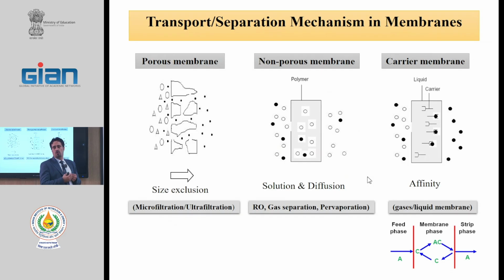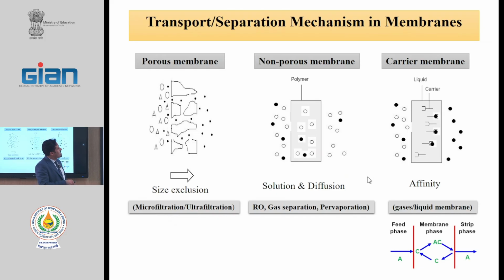For this adsorption, we need affinity and functional groups to interact with the molecules. After adsorption, in the second step, the molecules should diffuse across the membrane. The flux of solution diffusion is very low, and the flux of porous membranes is high.